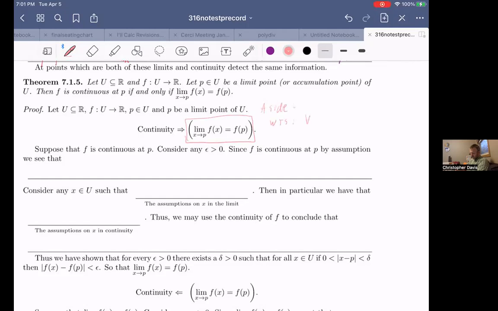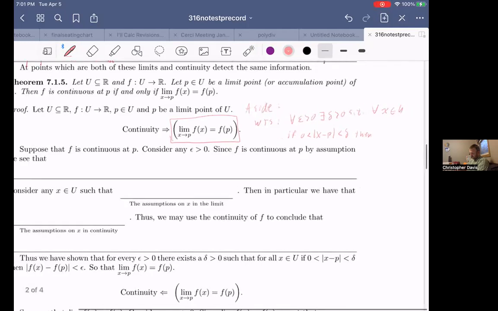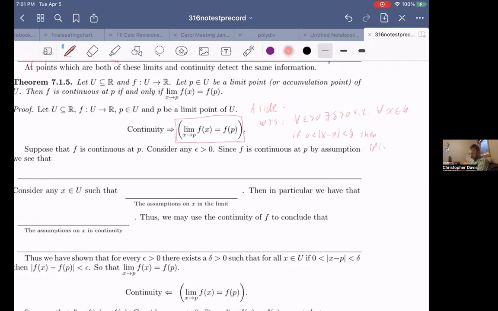We want to show that for every epsilon bigger than 0, there exists a delta bigger than 0, such that for all x in U, if 0 is less than the absolute value of x minus p is less than delta, then absolute value of f of x minus the alleged limit, so this is the thing that is taking the job of L, is less than epsilon. So to set that up, I should start by considering any epsilon bigger than 0.